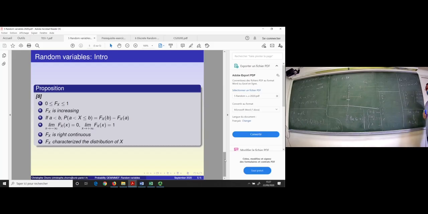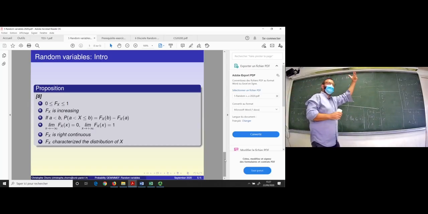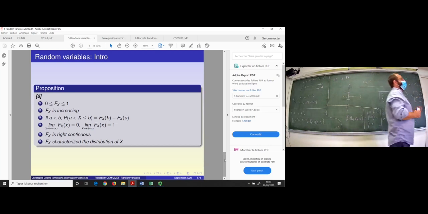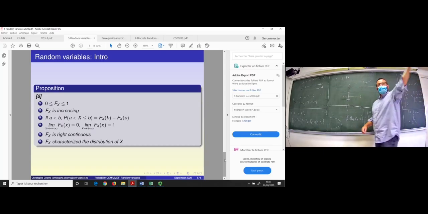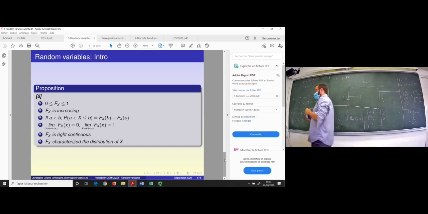I have said also that when we have a decreasing sequence of sets, the probability of the intersection is equal to the limit of the probabilities. These two statements may be used in order to prove that 4, 5, and 6 are okay, and you have the complete proof, I repeat, in the document on my web page where you have the proof of the proposition that I want to do in class together.